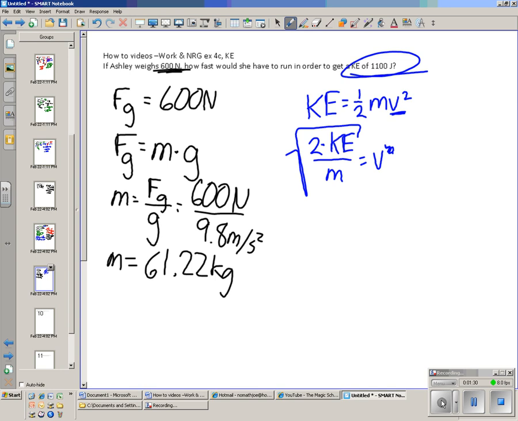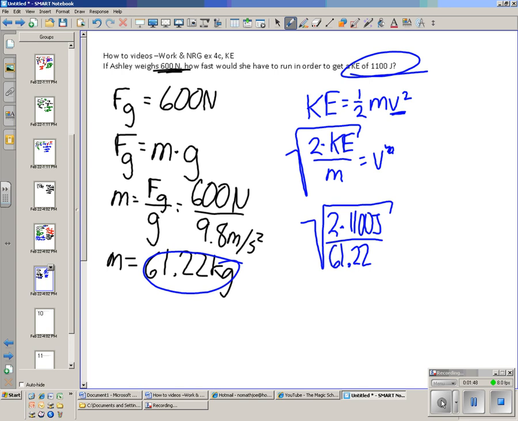So let me go ahead and plug in. I'm going to have the square root of 2 times 1100 joules divided by the mass, which we had before, which is this guy here. So that's going to be 61.22 kilograms. And I tap, and here's a midway point.